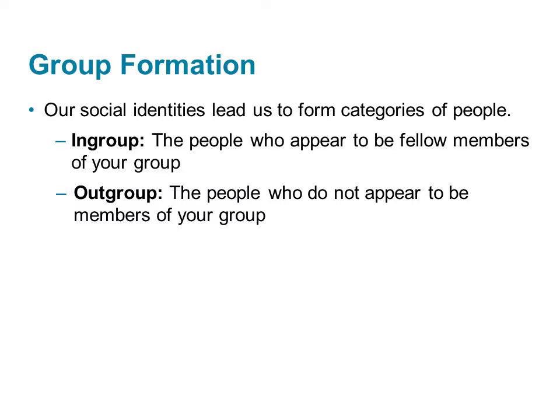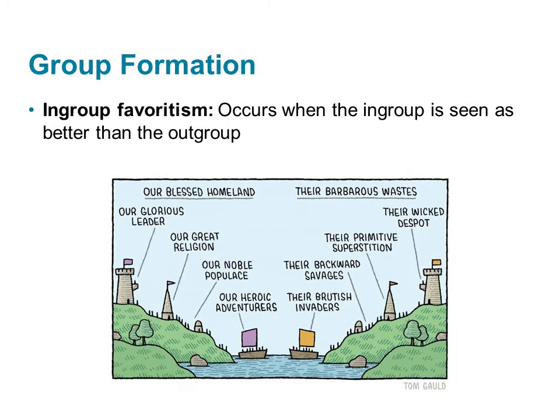Unfortunately, in-group and out-group members don't always get along, and there are sometimes conflicts that emerge. For example, our different social identities encourage in-group favoritism. This occurs when we see members of our in-group as better than members of the out-group.